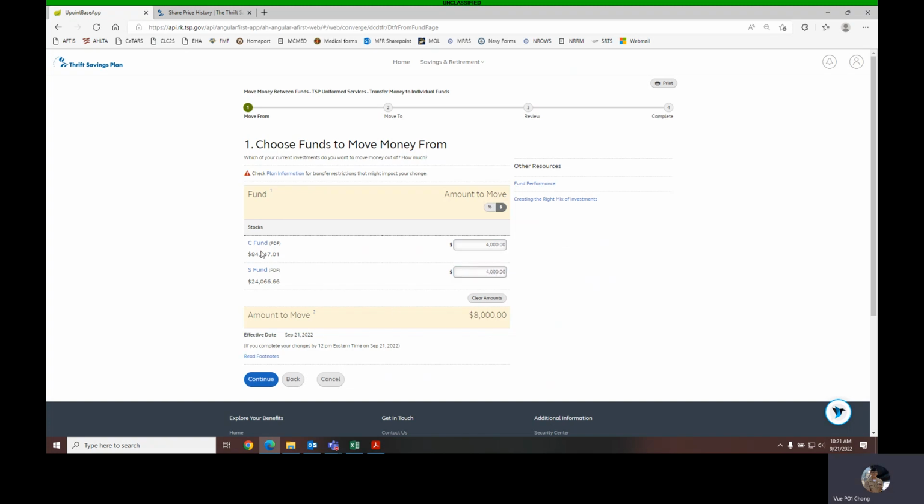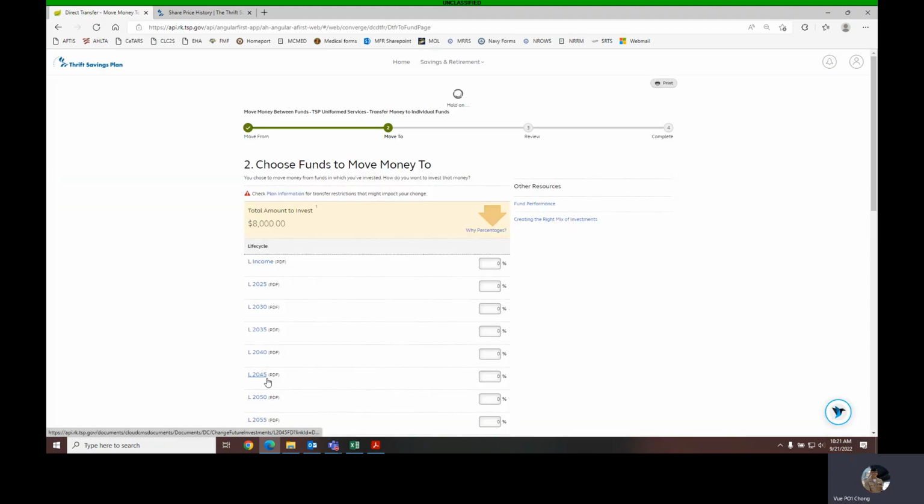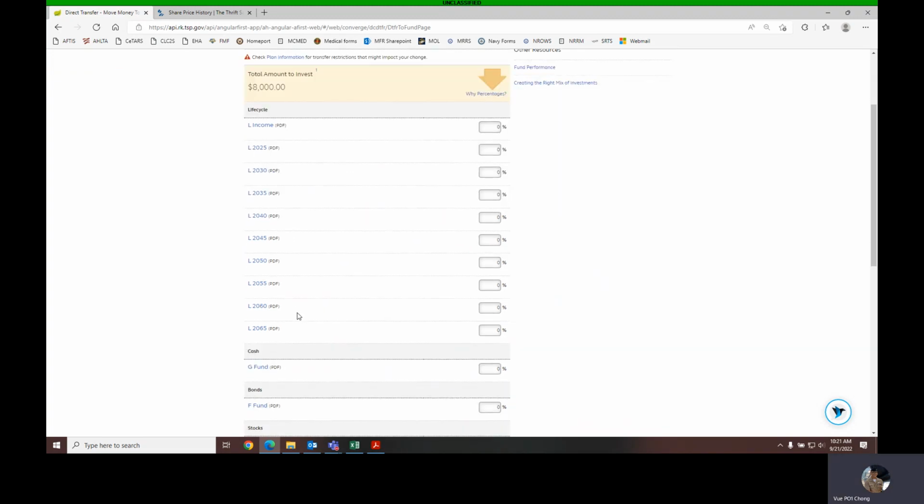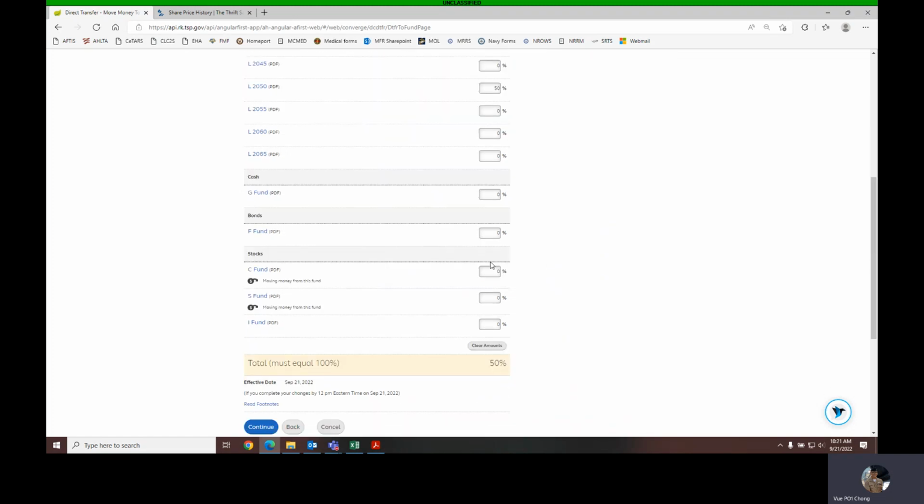So I'm taking 4 grand out of C and 4 grand out of S to buy the other funds. So instead of doing a whole account redistribute, you're just redistributing 8 grand out of those two to buy everything else. So I'm 2050. I'm going to do 50% there and 50% G.